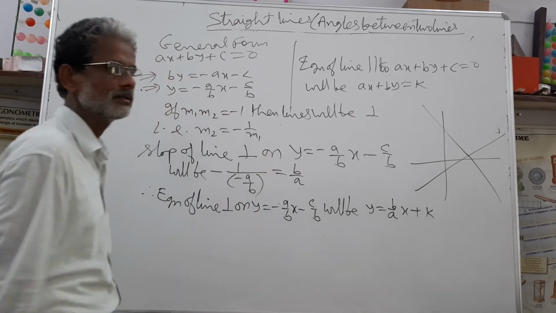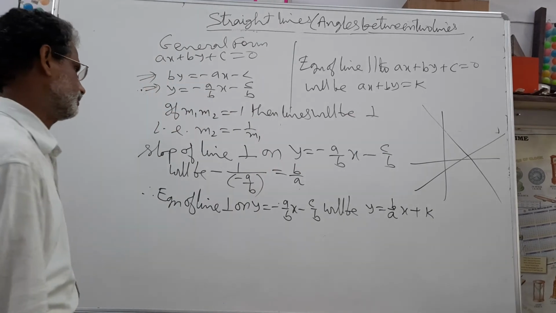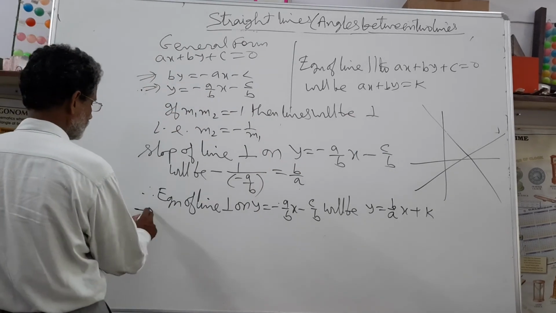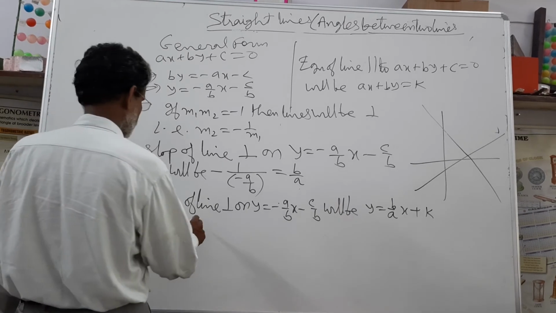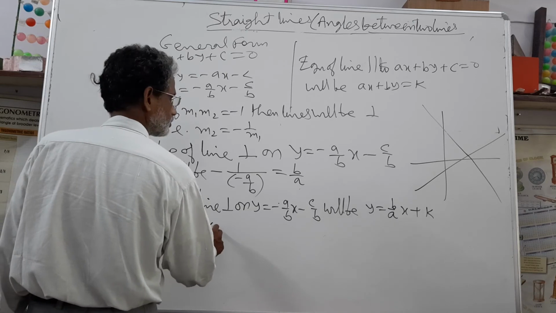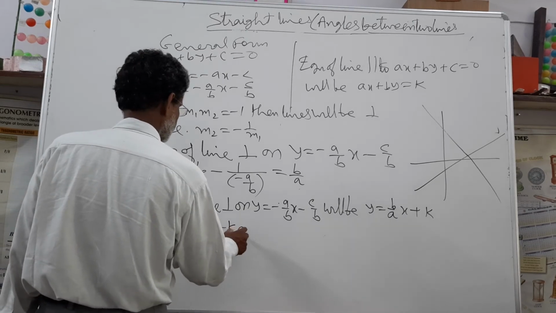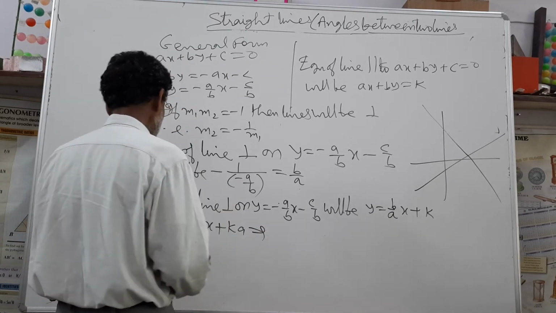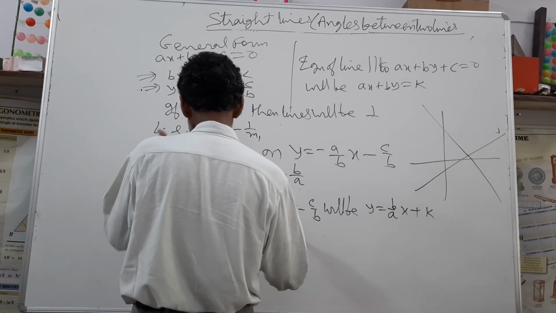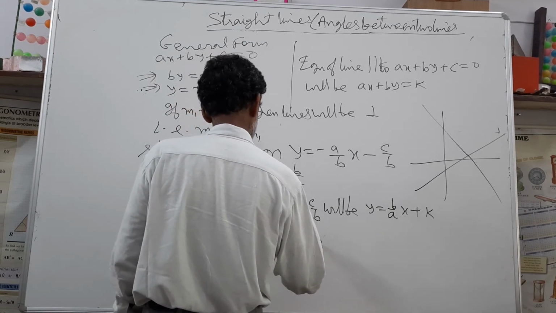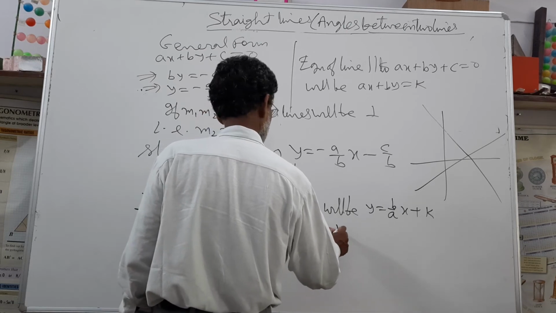Let k be a constant. This implies ay is equal to bx plus ka. This implies bx minus ay is equal to minus ka.